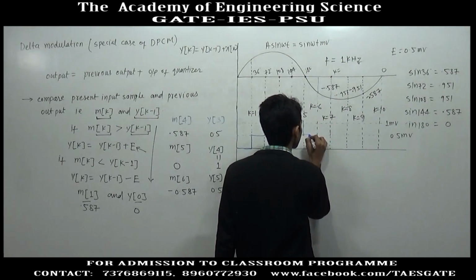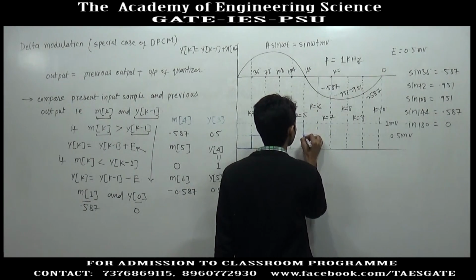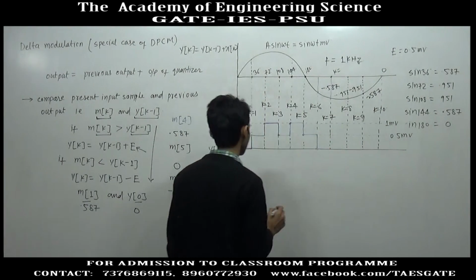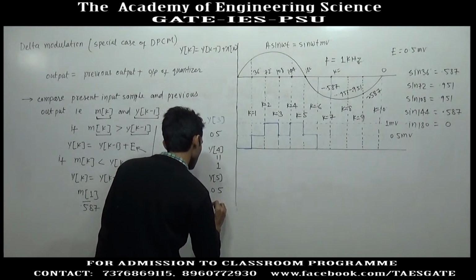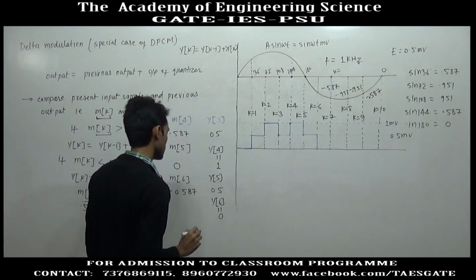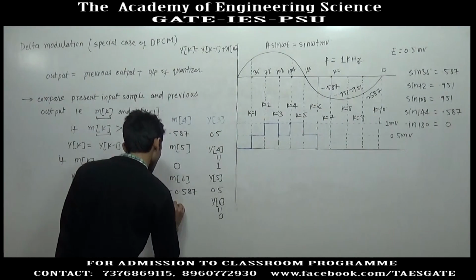So at k equal to 6, we will subtract 0.5. So Y6 is equal to 0.